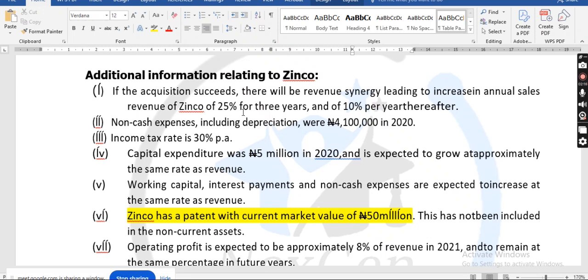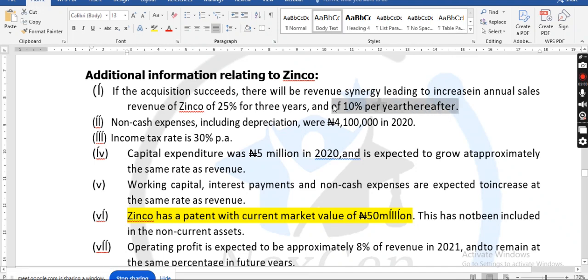That is 1.125 raised to power, based on the number of years. 1.125 raised to power 1, which is year 1. 1.125 raised to power 2, that is year 2. And 10% thereafter. Don't forget, under the free cash flow, this 10% thereafter is the infinity.